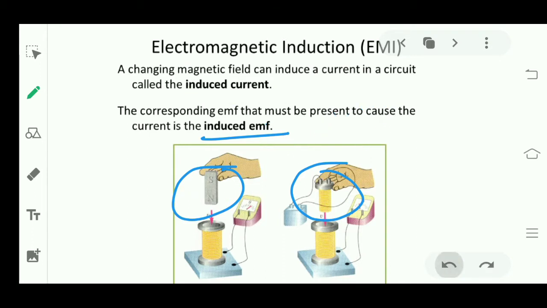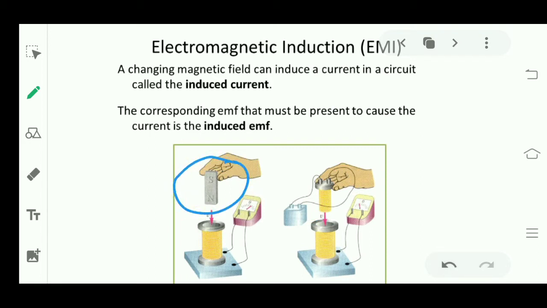This is due to the change in magnetic field. Here the magnetic field is changing, and here also the magnetic field is changing. If we are moving a conductor around a magnet, that means around a coil the magnetic field is changing.